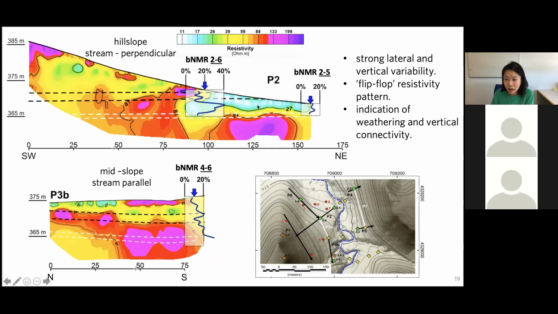While the Ice limestone directly below that has high resistivity values, so we call that a flip-flop resistivity pattern. And we believe such a flip-flop resistivity pattern, which we also observed at other profiles at this site, is an indication of weathering and vertical connectivity, especially secondary porosity development for the lower limestone layers.